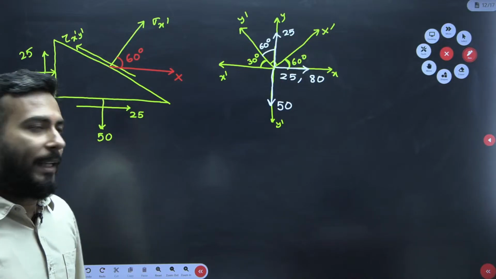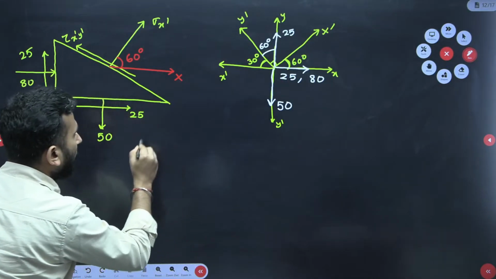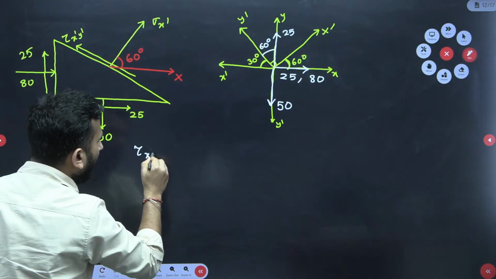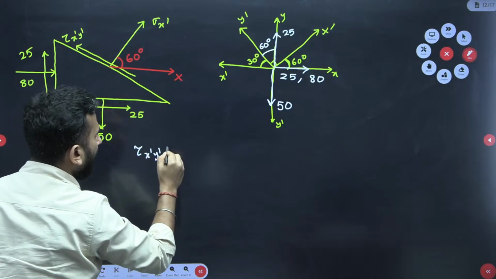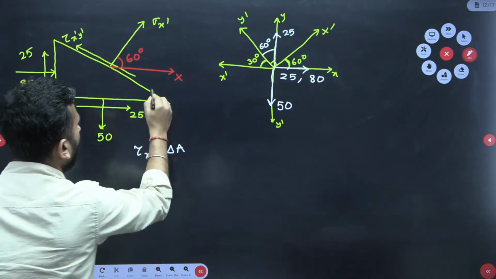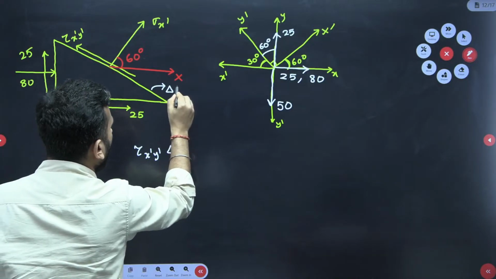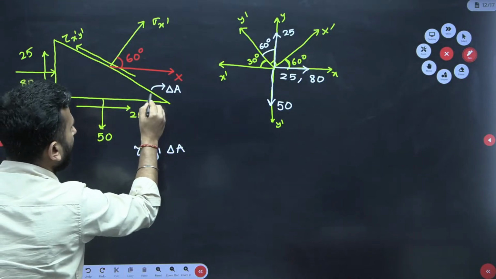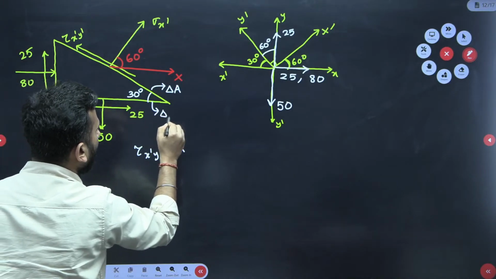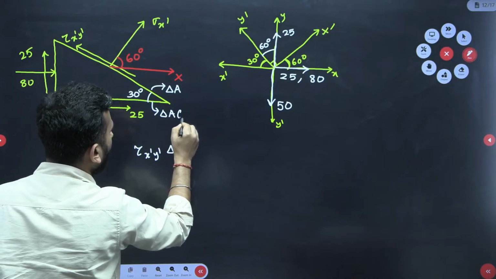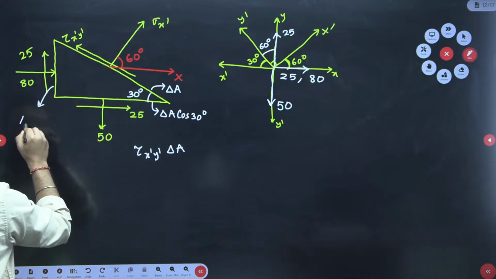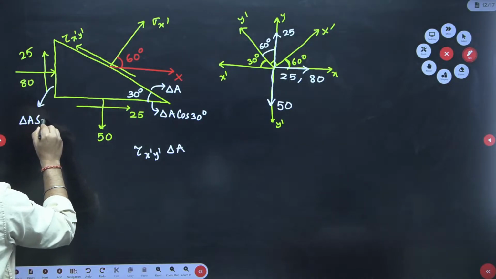Area you already know. So let us quickly do it. Okay. In this direction, what is the force? Tau x dash y dash. What is the area? Delta A. Now area I have already told you, this is your delta A. This was your 30 degree. So this area is delta A cos 30 and this area is delta A sin 30.